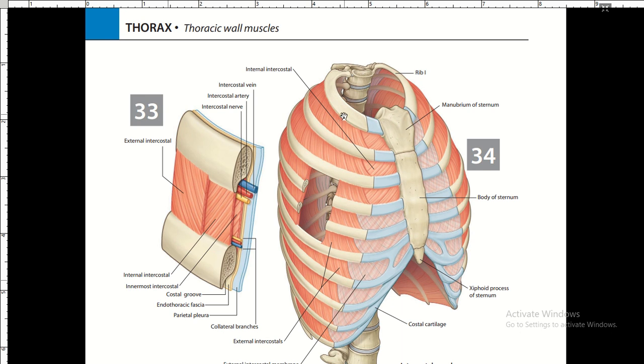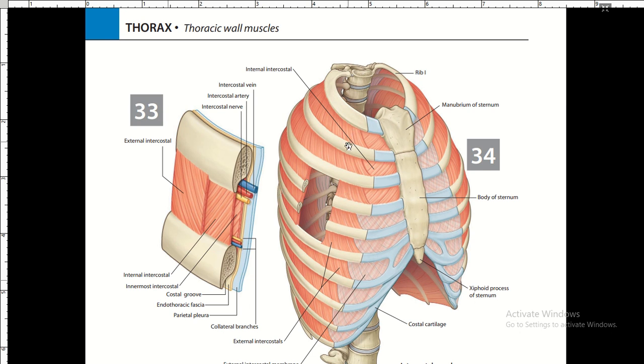And we said that the neurovascular structure in the costal groove is going to have what you call a mnemonic code, VAN. From superior to inferior, you're going to have intercostal vein, intercostal artery, intercostal nerve.